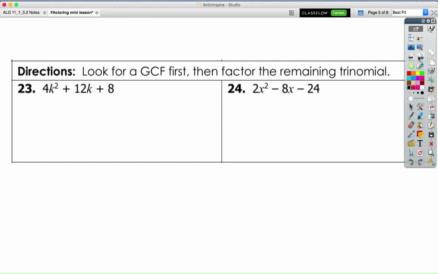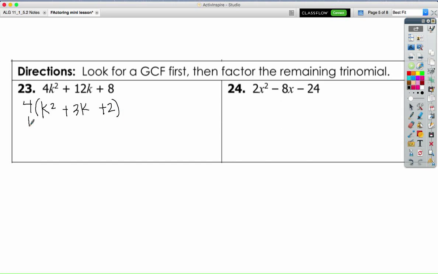So sometimes they'll mix together multiple factoring methods, like looking for a GCF and then factoring into binomials. So if I look for a GCF first, 4, 12, and 8, 4 will go into all of them, and I'm left with k squared plus 3k plus 2.